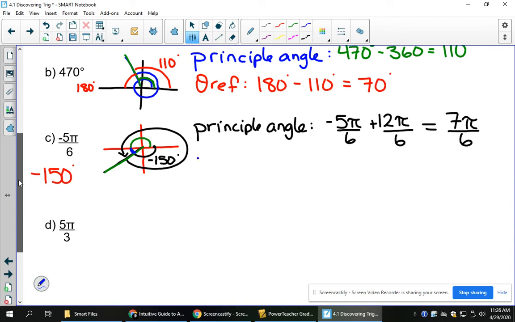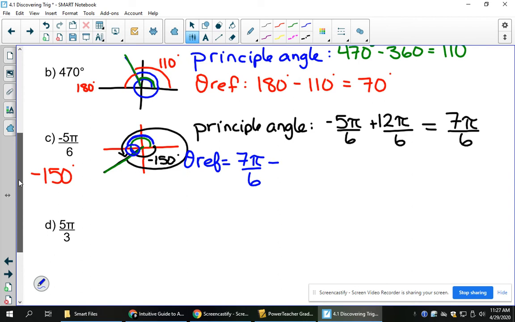So if we want to find our reference angle, we want to take our angle in standard position, 7 pi over 6, our principal angle, and we want to do what to find the little blue one? Well, if the entire angle is this green one, I want to take away this top green part here so that I can get this small blue part.